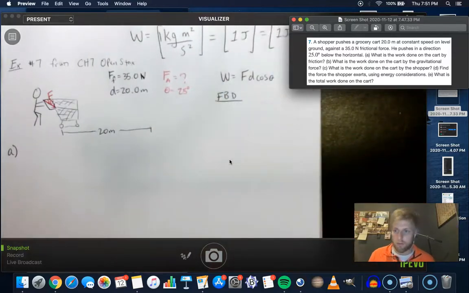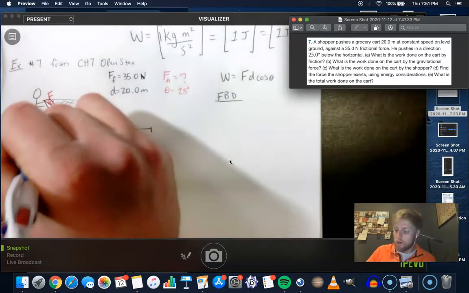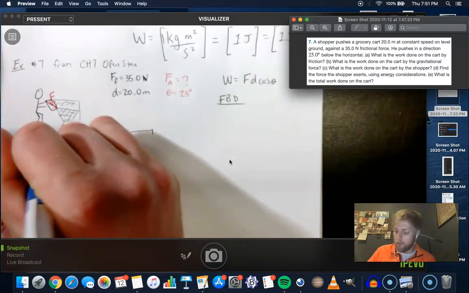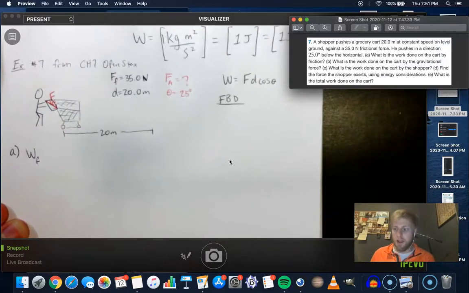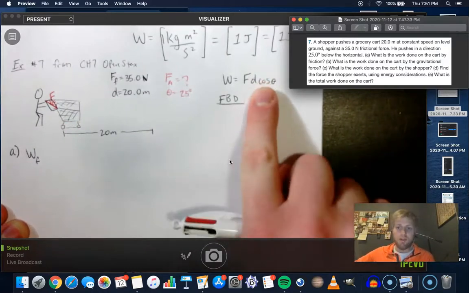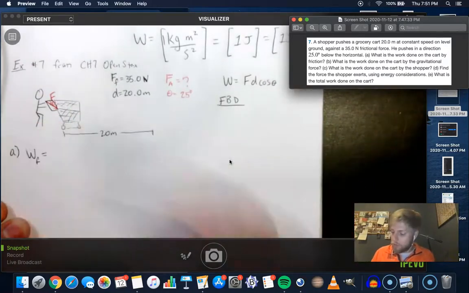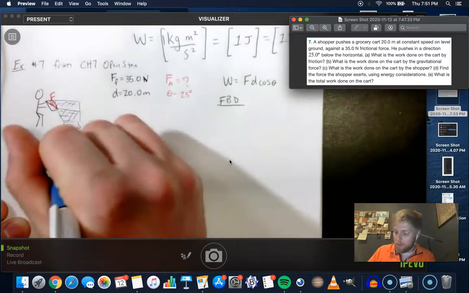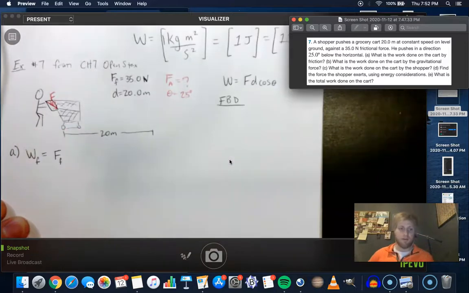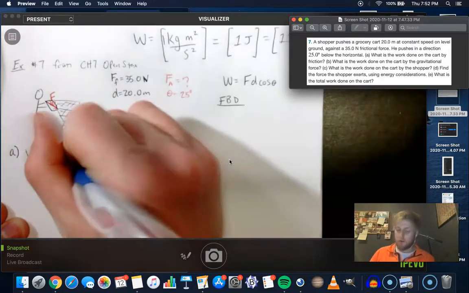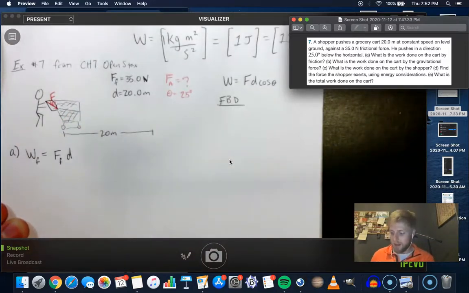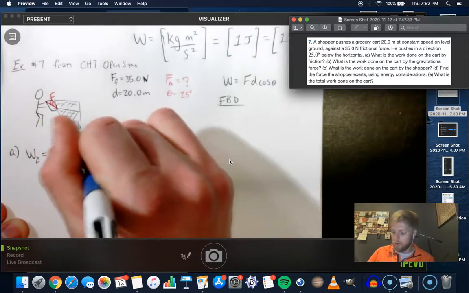We have a bunch of things we're trying to find here. For A, we're trying to find the work done by the force of friction, and we're going to end up using this equation here. We're going to end up simplifying it, but let's plop that down here. So the work done by friction is going to be the frictional force, let's call that Ff, times the distance that the friction acts over, times cos theta.